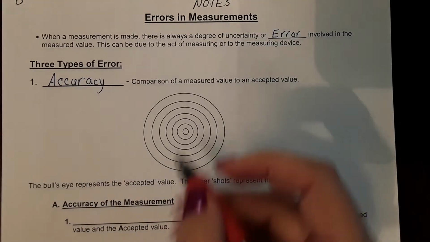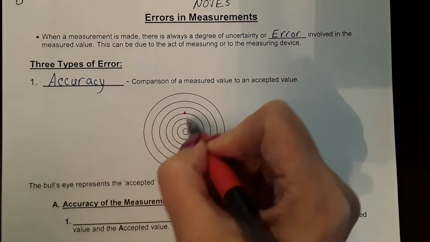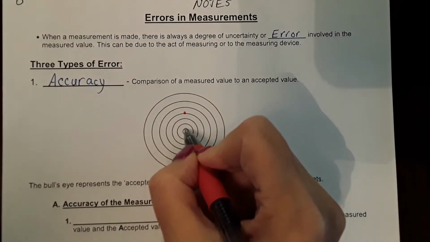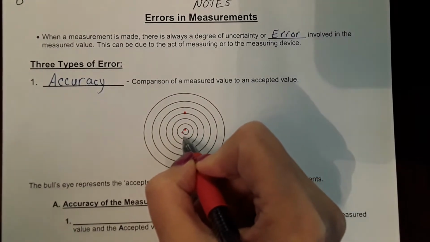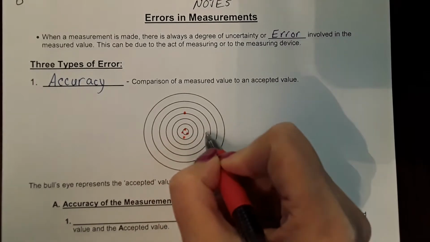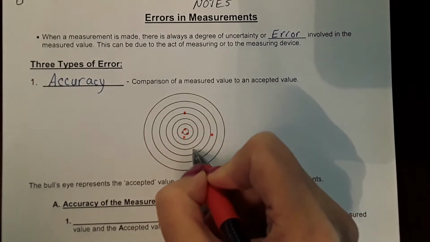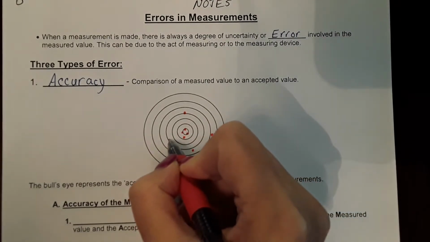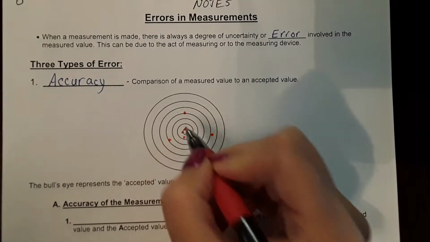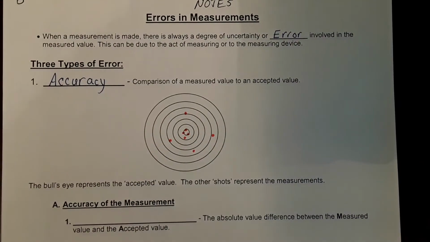So let's look at an example where we might have some measurements that look something like this. Okay, now, is this person accurate? Well, fairly accurate.